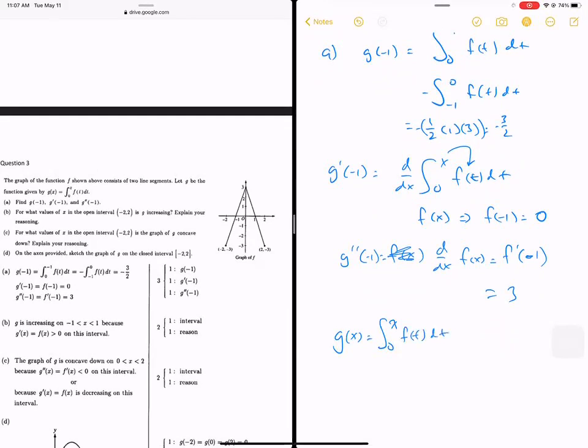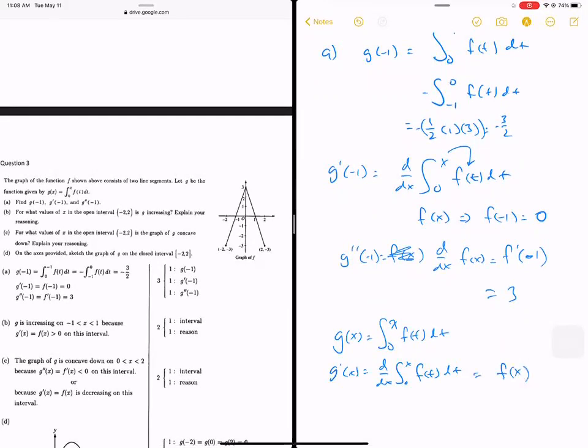Now, how do we tell something is increasing? The keyword there is increasing. We know something is increasing when the derivative is positive. So take the derivative. g prime of x is the derivative of this function. Now you tell me what happens when we take the derivative of the integral. Hopefully it's not that hard, right? You just plug it in. This is just f of x.